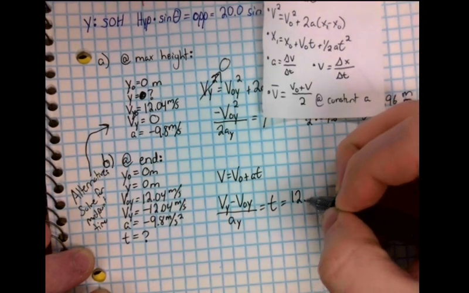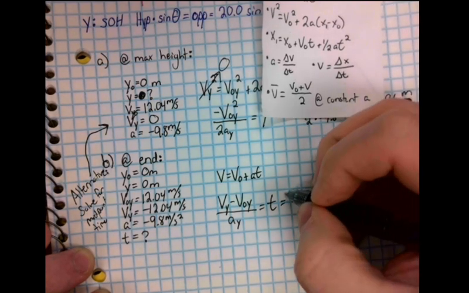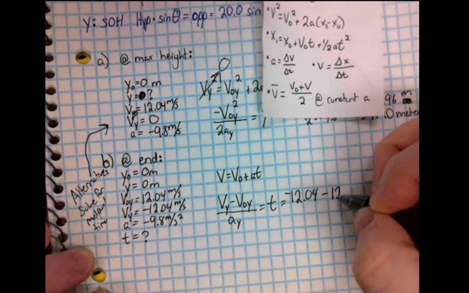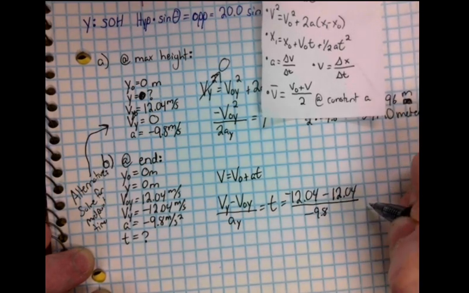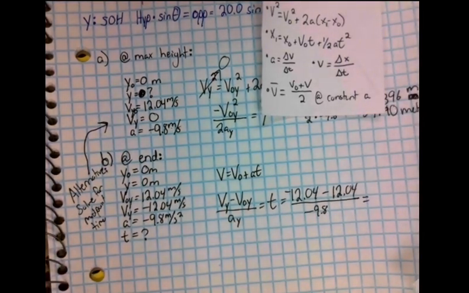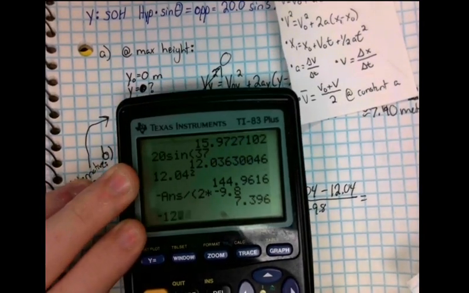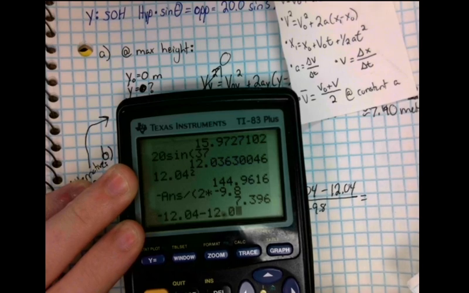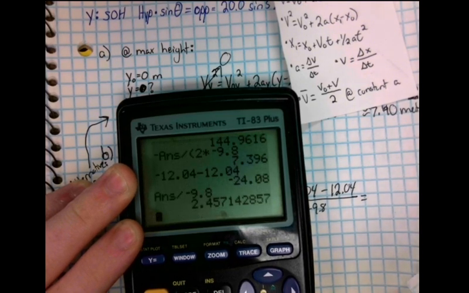So I've got negative 12.04 minus 12.04 over negative 9.8. Negative 12.04 minus 12.04 divided by negative 9.8.